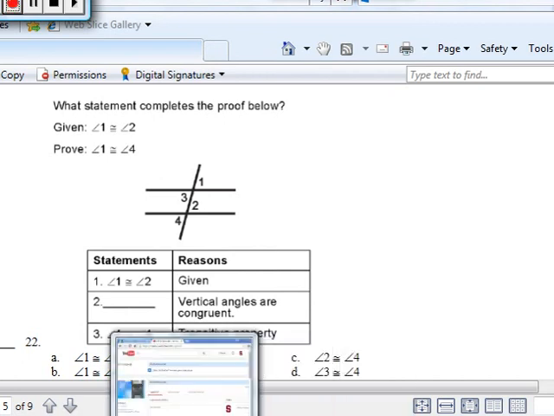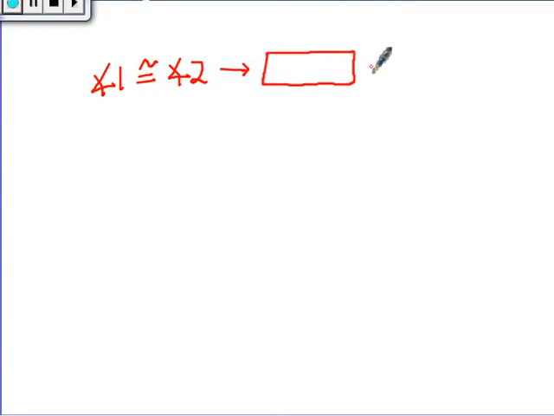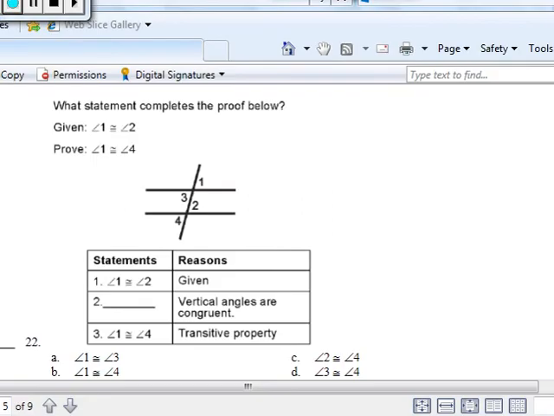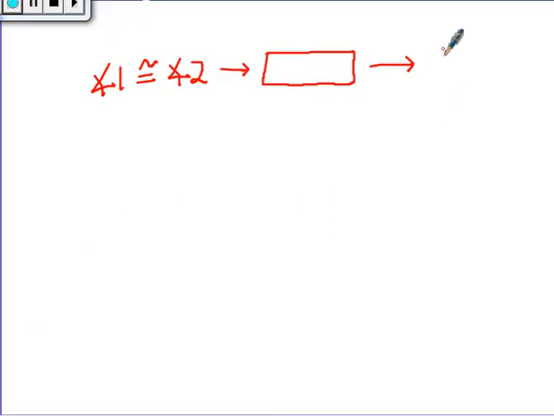So here we go. Let's try it like this. We're given that angle 1 is congruent to angle 2. And from there we go to some intermediate step. And from there we go to our final answer, which is angle 1 is congruent to angle 4.